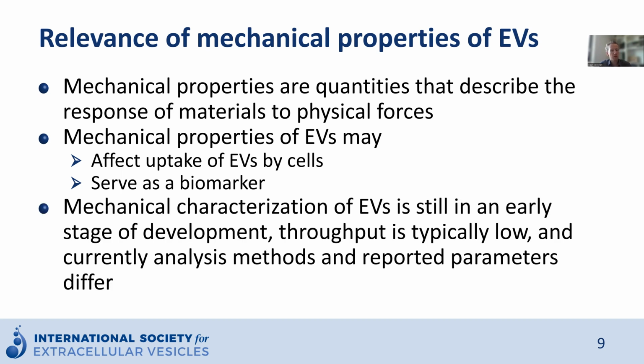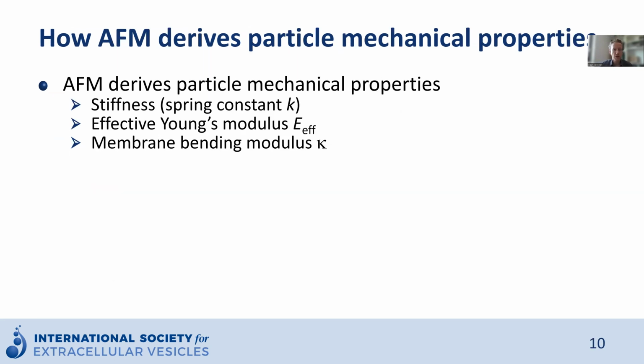However, mechanical characterization of vesicles and EVs is still in an early stage of development, and currently analysis methods aren't completely standardized. So how do we derive mechanical properties using AFM?